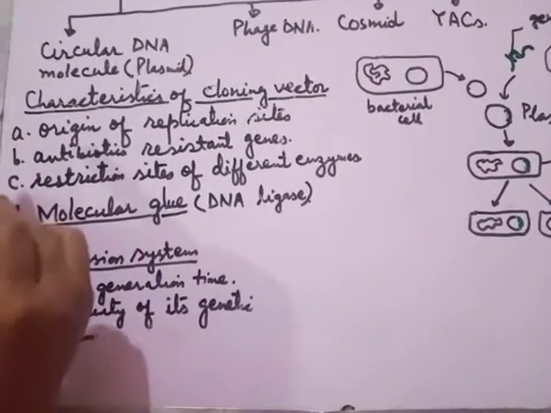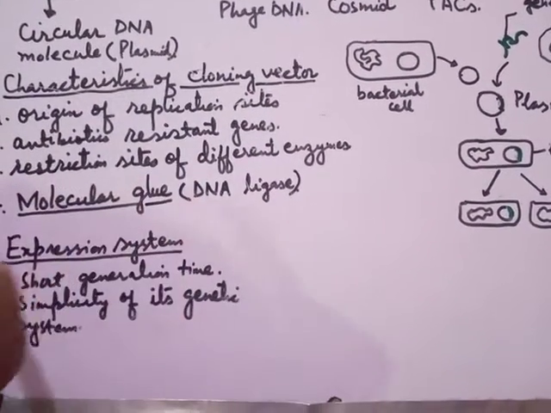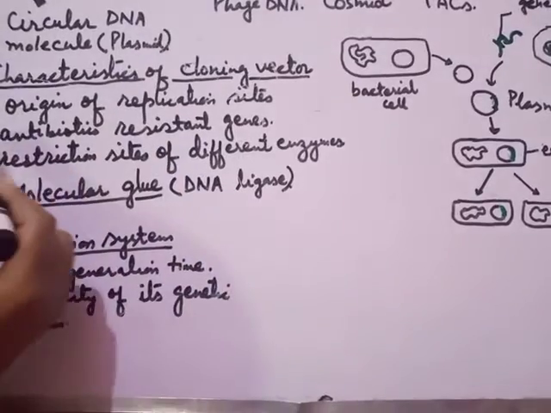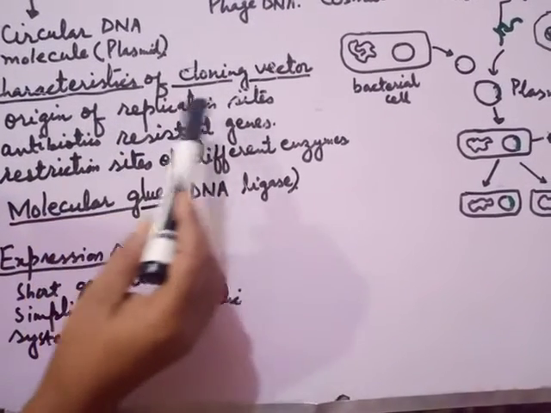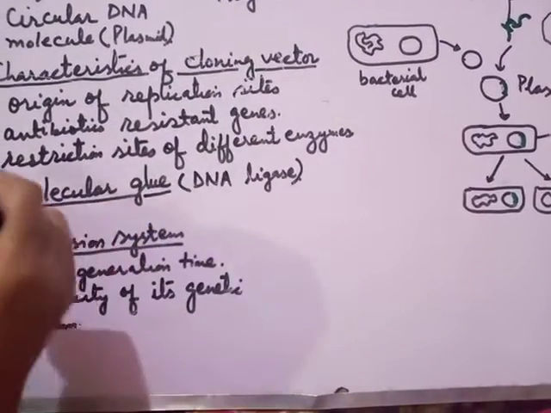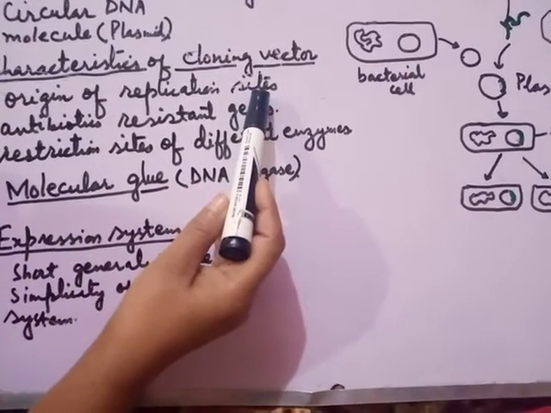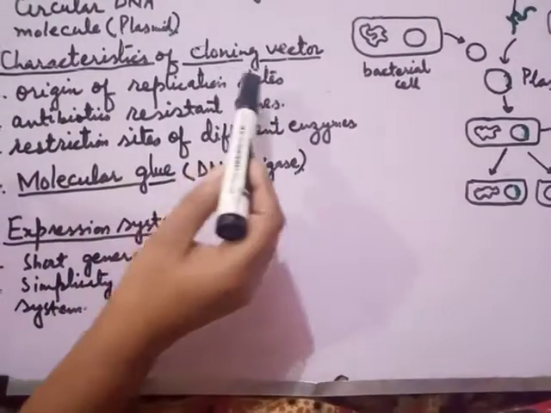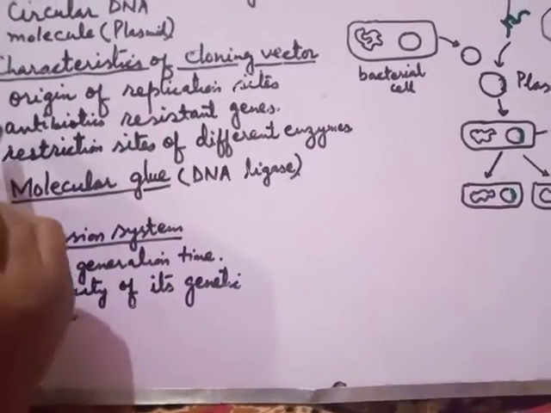Now, what are the characteristics of a cloning vector? It must have an origin of replication site, meaning it has the potential to replicate itself inside the expression system.